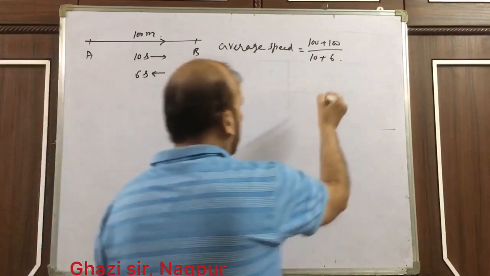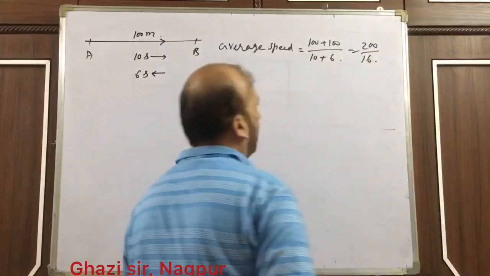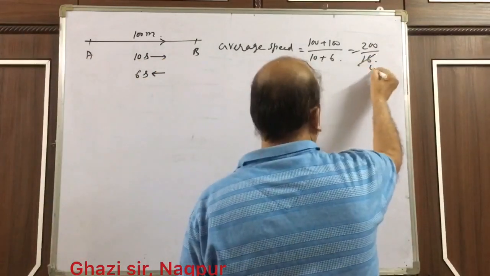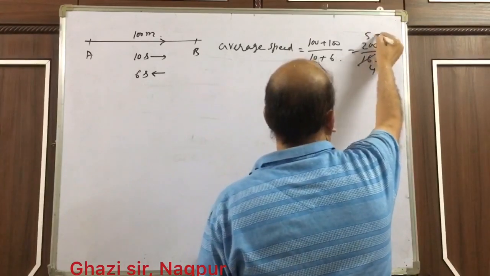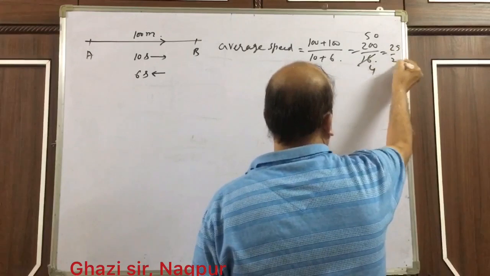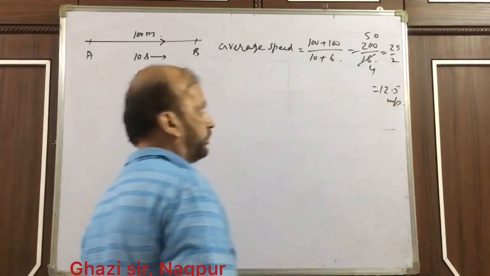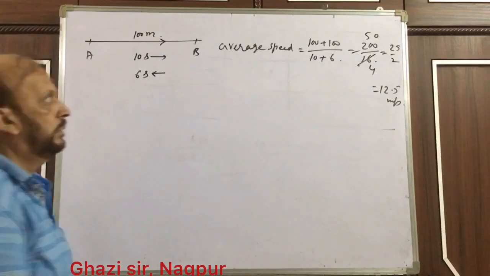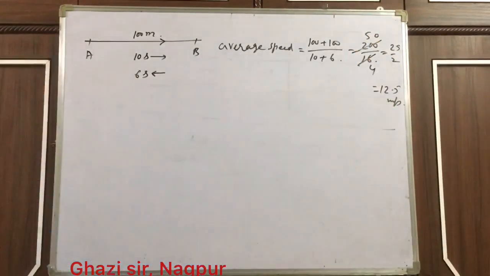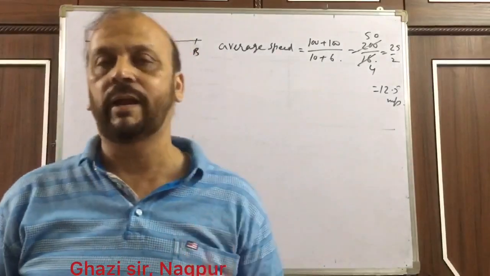That is equal to 200 upon 16, which is 25 by 2, that is 12.5 meter per second. So his average speed is 12.5 meter per second.